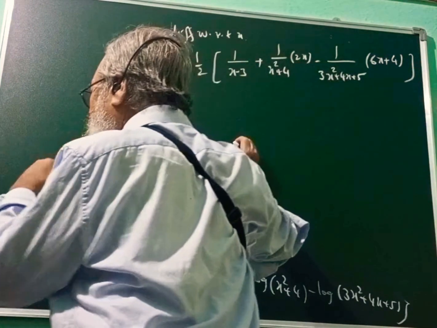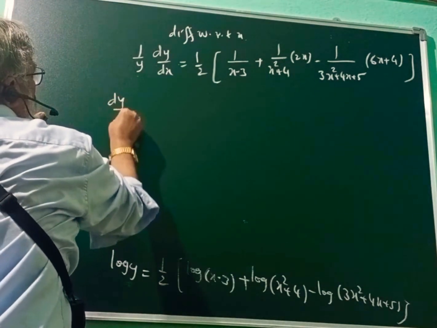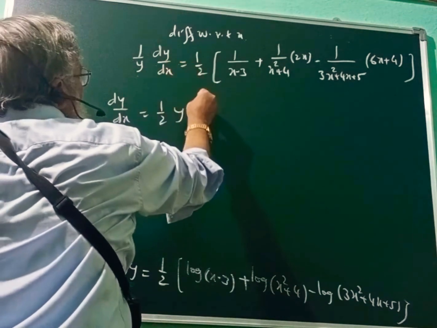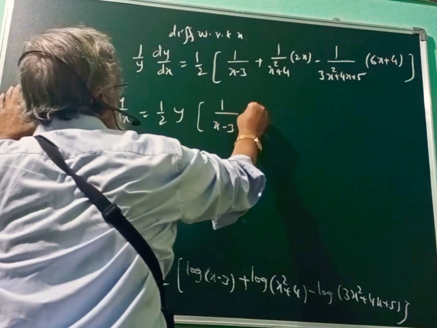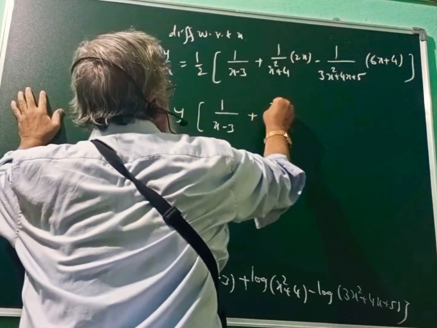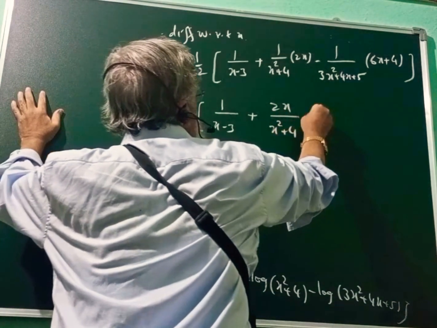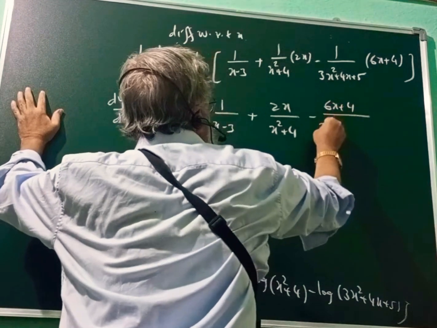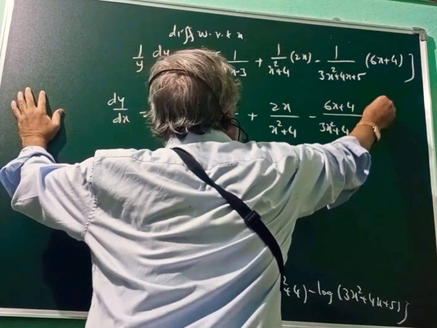Or we can write this as dy by dx is equal to 1 by 2 into y by cross multiplication into 1 by x minus 3 plus 2x by x square plus 4 minus 6x plus 4 by 3x square plus 4x plus 5.